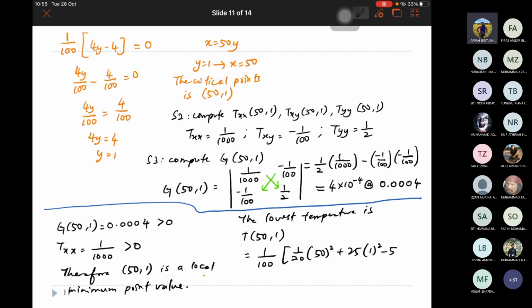Tolak dengan 50 darab 1 tambah 4. Okay. 50 darab 1 tambah 4. So dapatlah dia punya jawapan sama dengan negatif 1 degree Celsius. Yang itu adalah lowest temperature. Lowest point where the temperature located is negatif 1 degree Celsius.